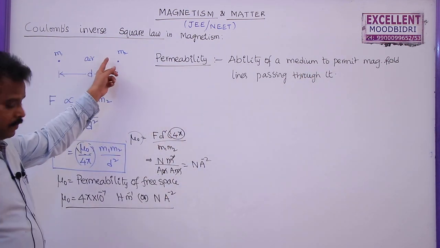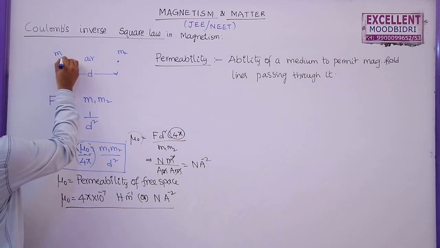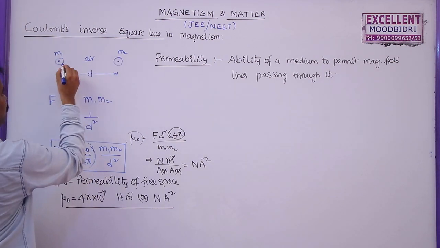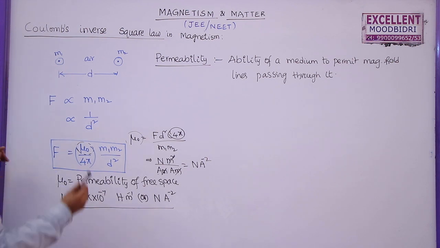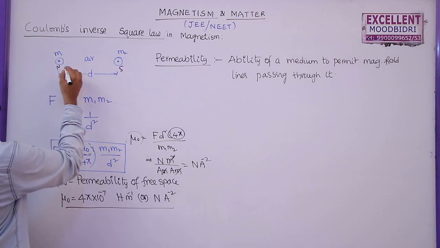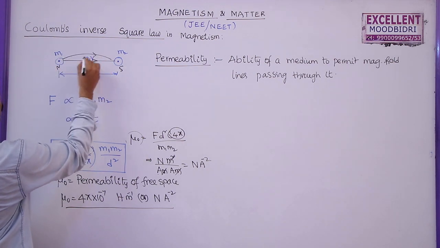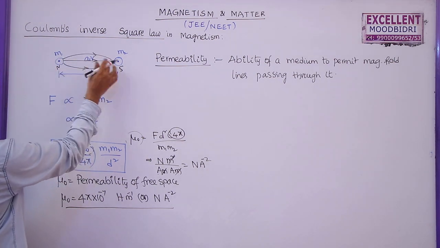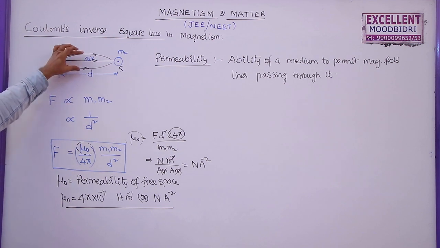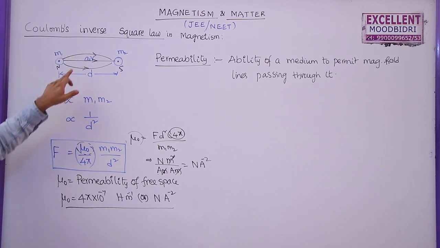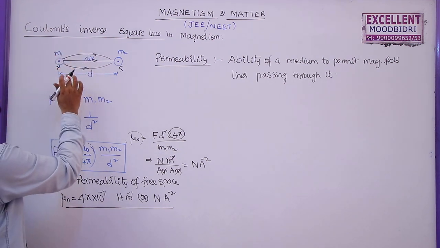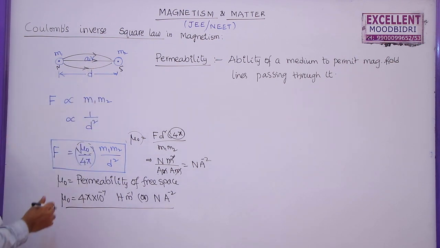Here you can see this is the first pole and this is the second pole. Let us say this is the north pole and south pole. So outside the bar magnet, field lines will travel like this. If the medium between these two is air, let us say it is allowing 3 lines in this space. If the medium changes, instead of 3, only 2 lines may pass here.